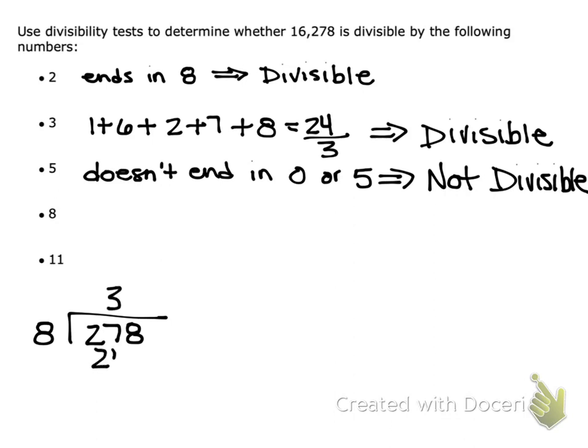That would give us 24. When we subtract, we get a remainder of 3 and we bring down an 8. Does 8 go into 38 evenly? No. We would say it goes in 4 times. That would be 32. And instead of a remainder of 0, I'm getting a remainder of 6, which would then put me into a decimal. So I would say not divisible.